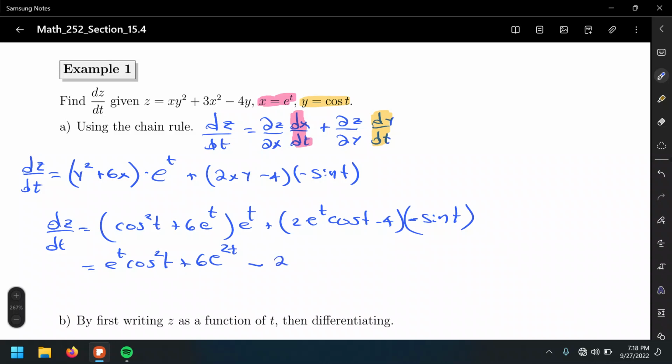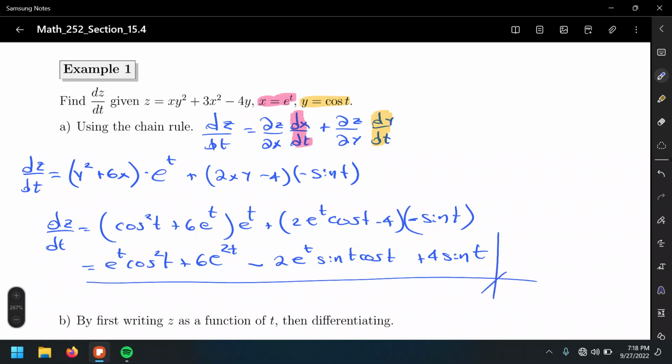That's going to be minus 2 e to the t sine cosine. And then careful, because negative times the negative is positive for 4 sine t. So that's one way to do the derivative using the chain rule.